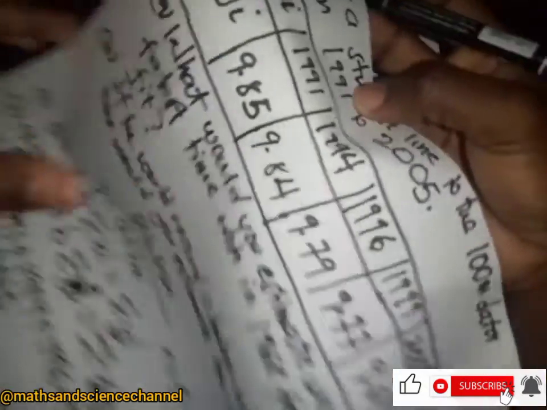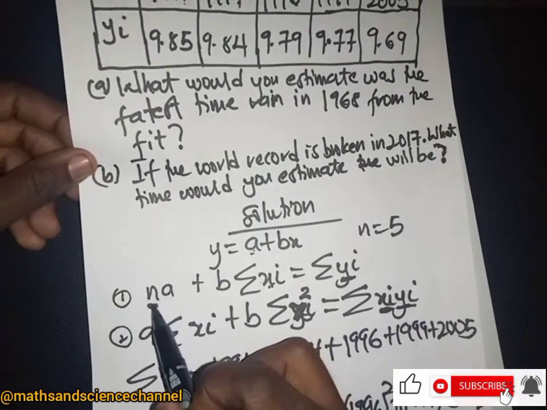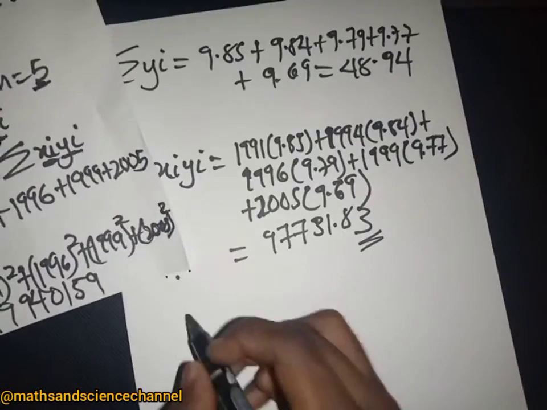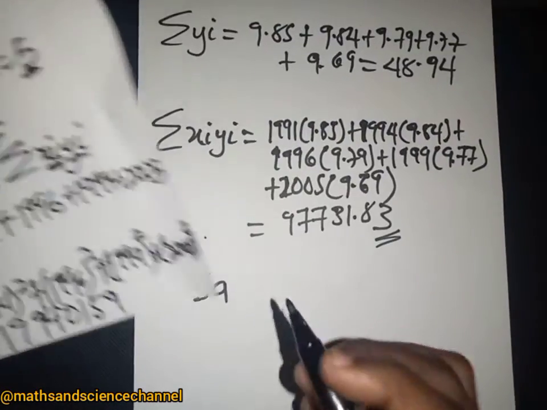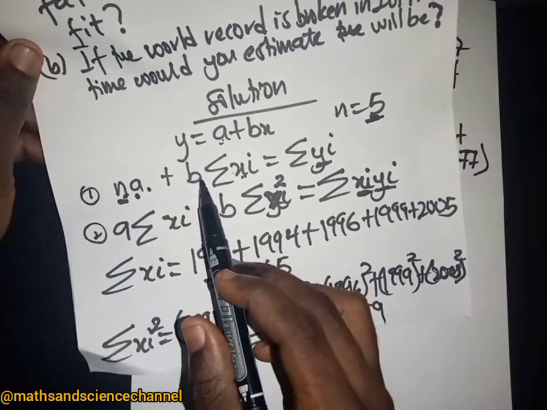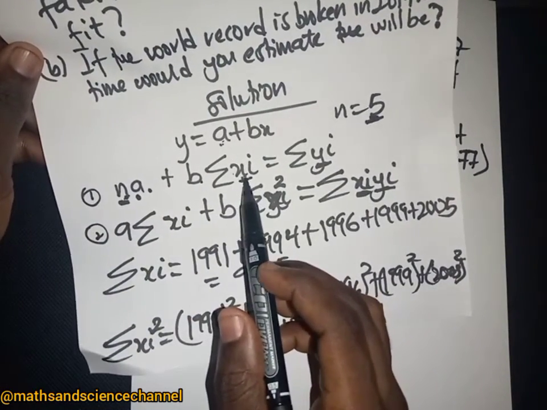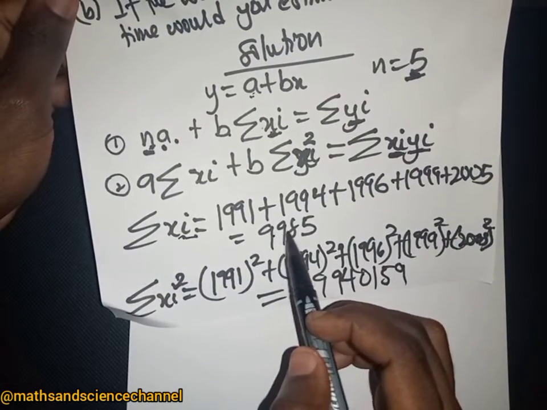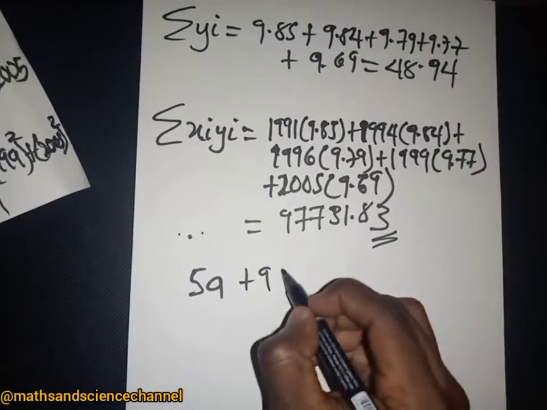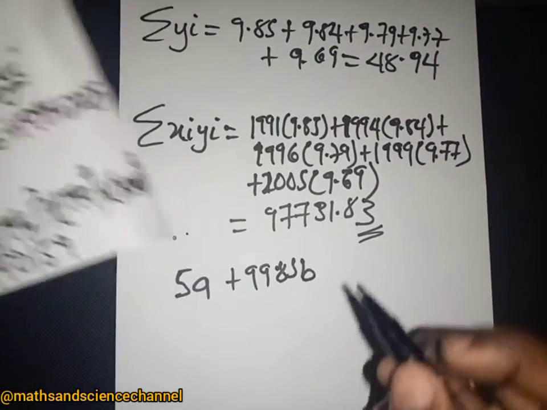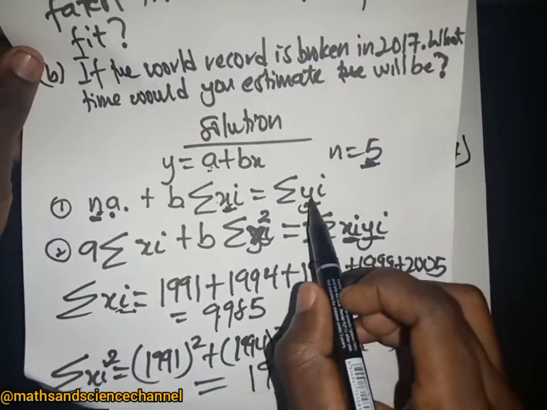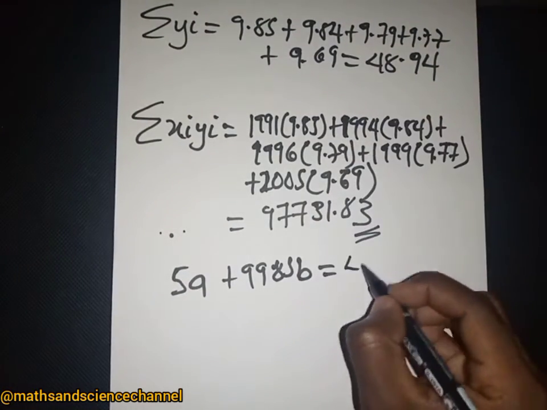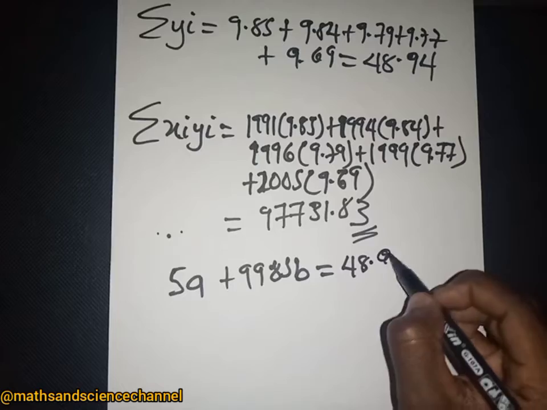Now since we have this value, from the general equation we had over here, we said n multiplied by a, where n is equal to 5, so we have 5a. Then the second one, b multiplied by the summation of all the x values. When we summed all the x values, we had 9,985, so we have 9,985 b, equal to the y values we added over here, 48.94.